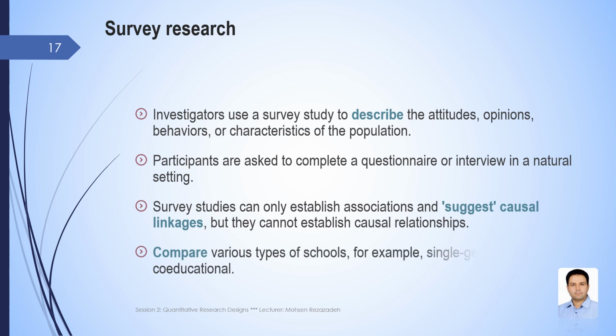For example, we can compare various types of schools, for instance, single gender versus co-educational schools, in order to assess the relationship between the gender composition of schools and the students' educational achievements. This is a type of survey.